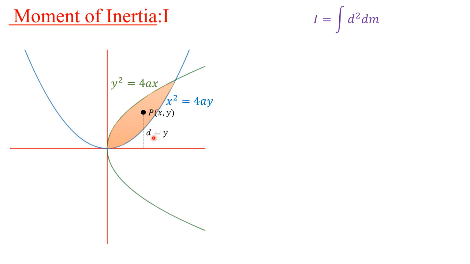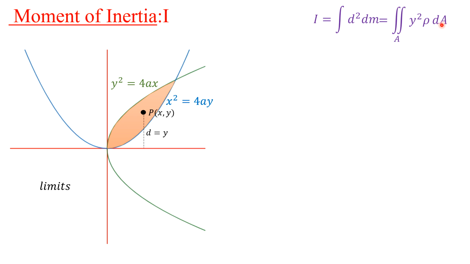So here d is equal to y, and therefore we get moment of inertia is equal to double integral over A, because we are finding moment of inertia for area. Now d is y, so y square, and dm will be rho into dA. dm represents mass of a small object, which is rho times dA.